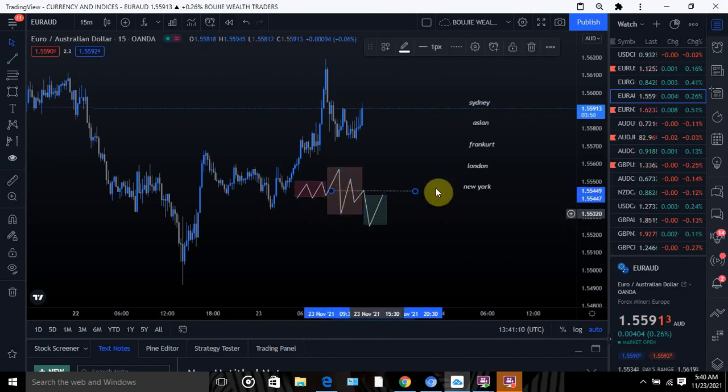That's when we mostly get the order blocks or the point of interest of the London session forms. The point of interest of London usually forms in the middle of the high and the low of our Asian session.